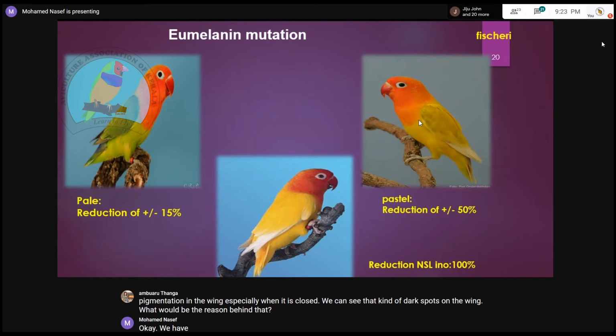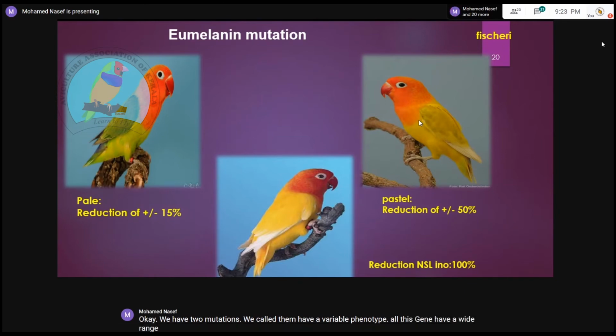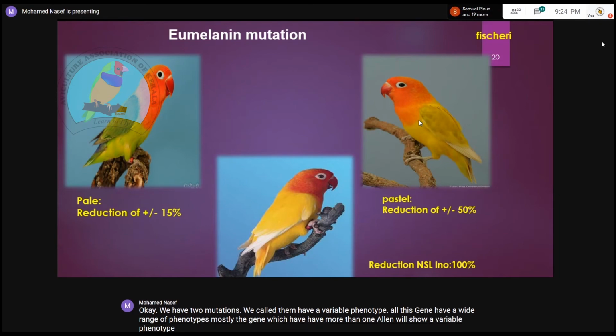We have two mutations that have a variable phenotype, or this gene has a wide range of phenotypes. Mostly the gene which has more than one allele will show a variable phenotype. So in pastel, we can see primaries from dark gray or gray color to white.